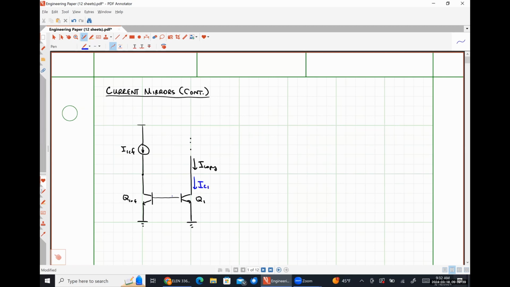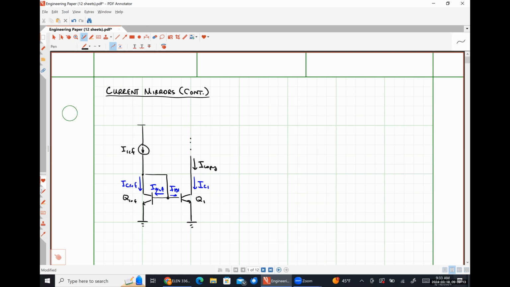So here's IC1, IB1, IBref, ICref, and up to this point, we were diode connecting that transistor so that those base currents were supplied by our reference current, which was in turn what was causing our error, or at least contributing most significantly to our error.